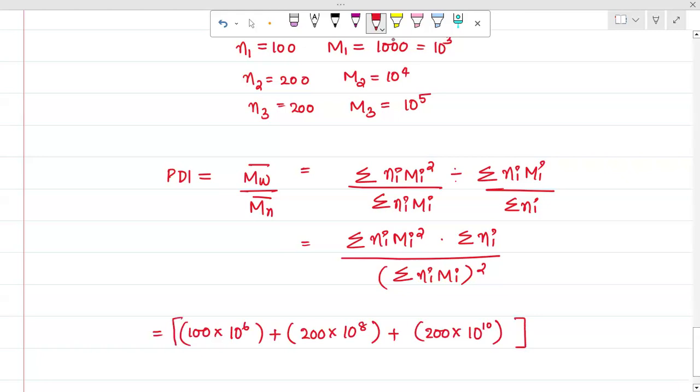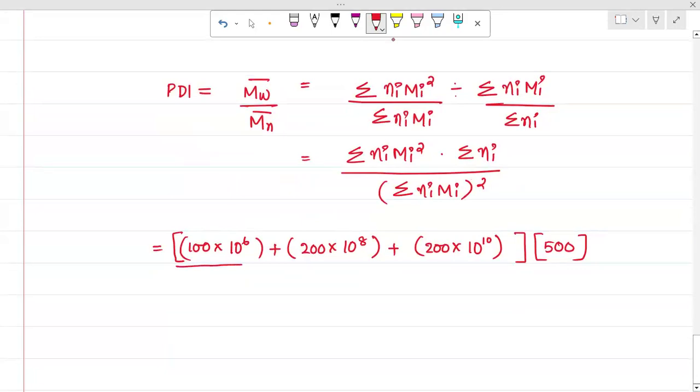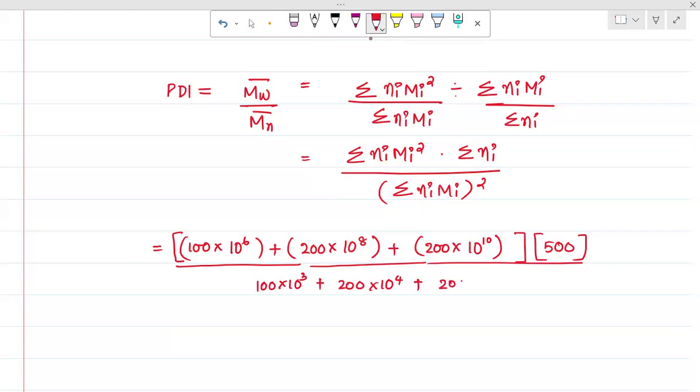This is the numerator side, into 100 plus 200 plus 200, which is equal to 500, divided by the sum of NiMi squared, which is 100 into 10 to the power 3 plus 200 into 10 to the power 4 plus 200 into 10 to the power 5, the whole squared.